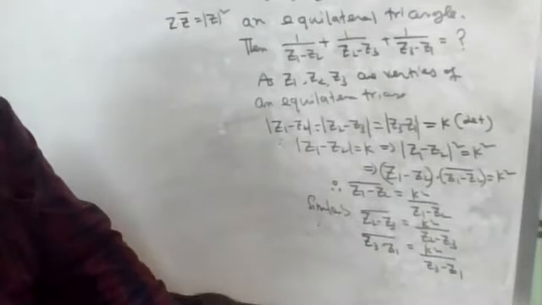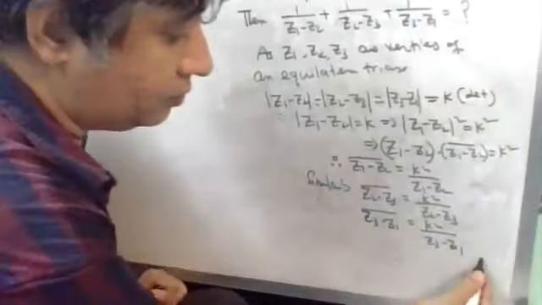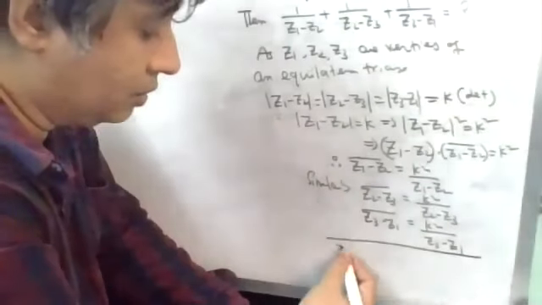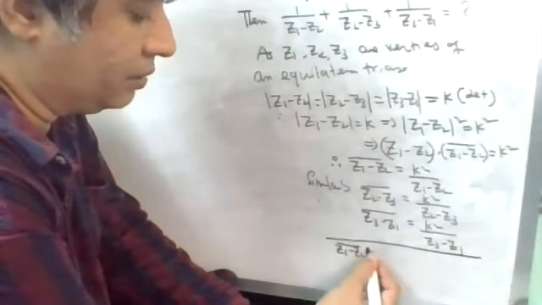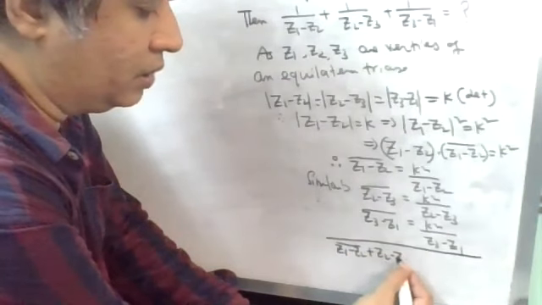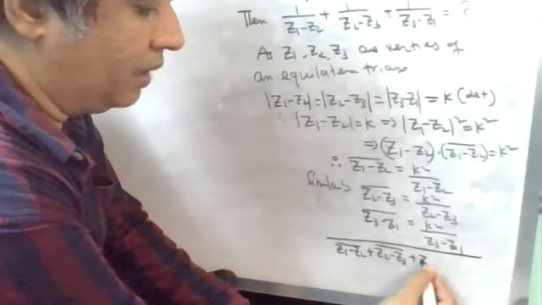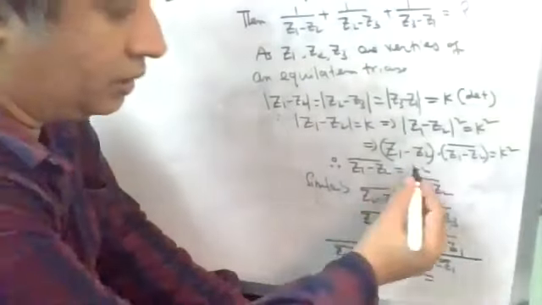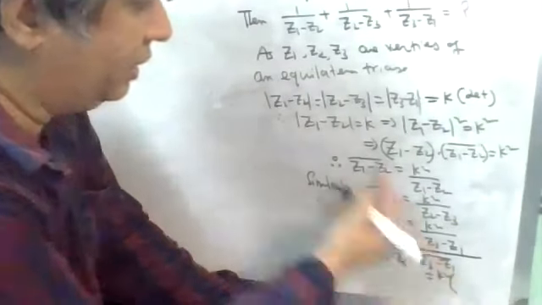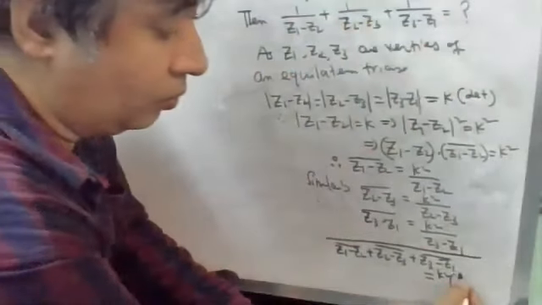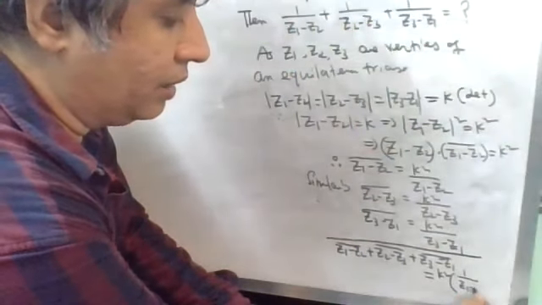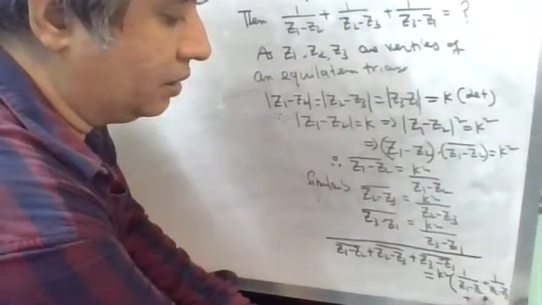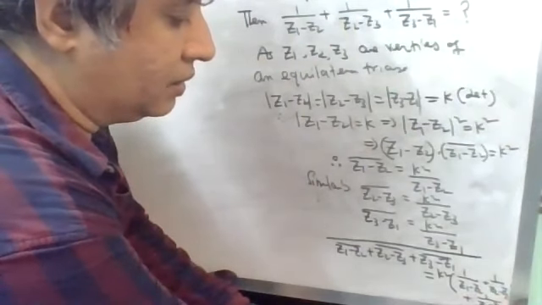So if I add it, I will get Z1 minus Z2 whole bar plus Z2 minus Z3 bar plus Z3 minus Z1 bar is equal to, take K square common, see the required term is coming, K square times 1 by Z1 minus Z2 plus 1 by Z2 minus Z3 plus 1 by Z3 minus Z1.